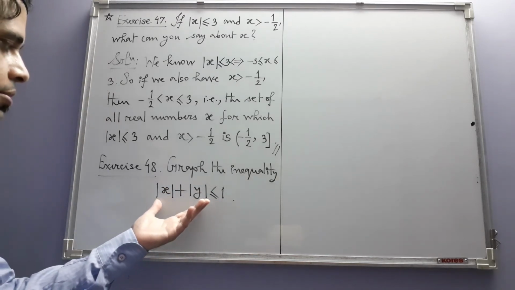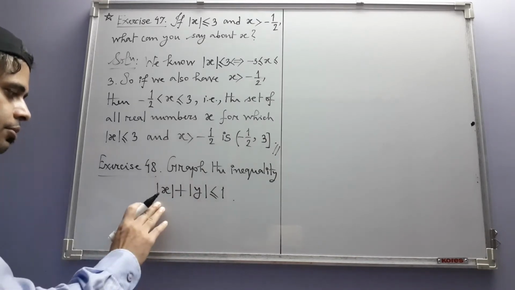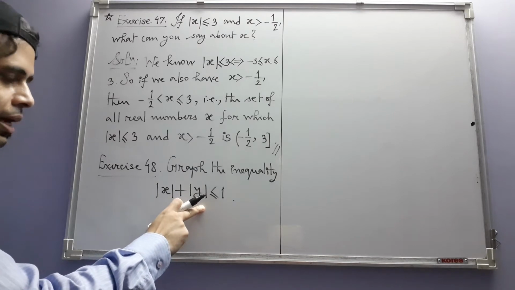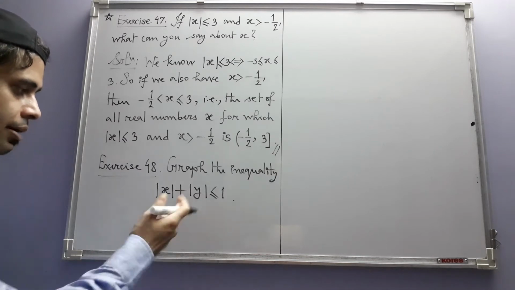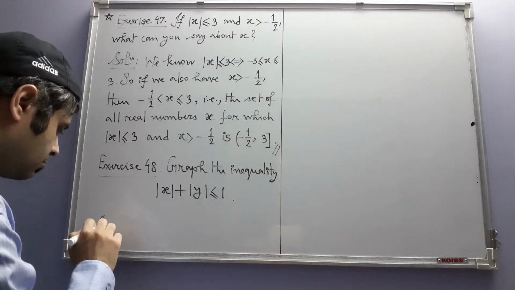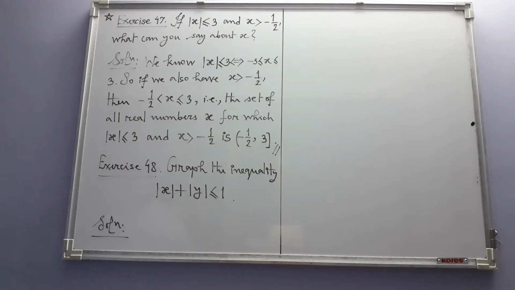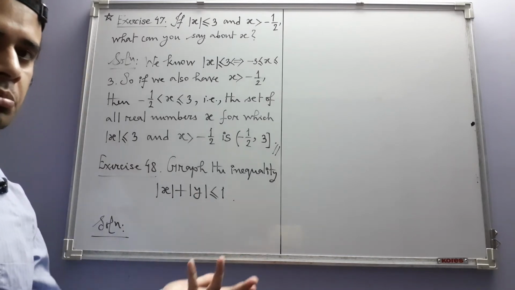At first glance, you may not be able to figure out how to do it actually. But we have to divide this up into cases depending on the sign of x as well as y. That is, whether x is non-negative and whether y is non-negative. Such things have to be considered. So here we are just going to draw the graph and give you the explanation, but you will have to describe with words what is being explained here.